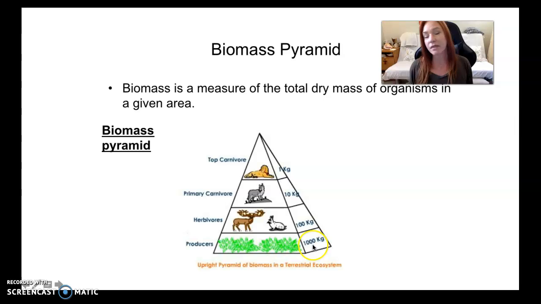So if we have 1,000 kilograms of plants, that 1,000 kilograms in an environment will support 100 kilos of herbivores. Those 100 kilos of herbivores will support 10 kilos of primary carnivores and 1 kilo of top carnivores. So again, 10% rule as you go up. That's how many organisms will be supported in an ecosystem.